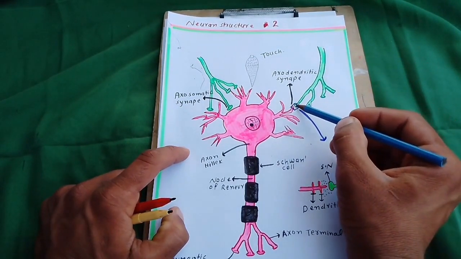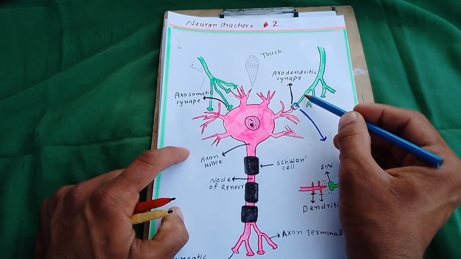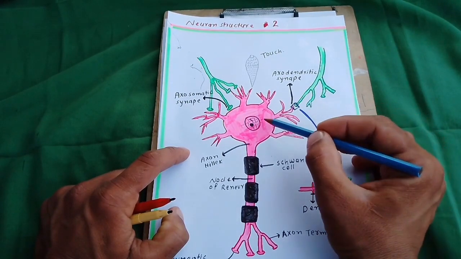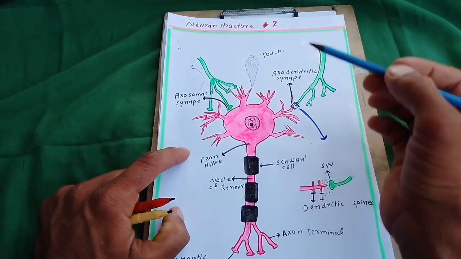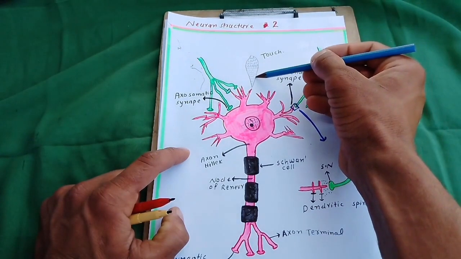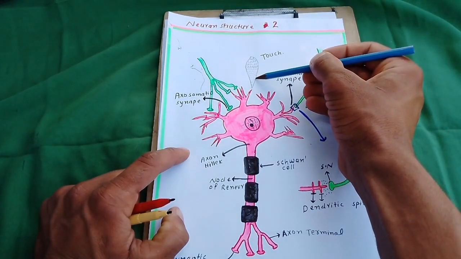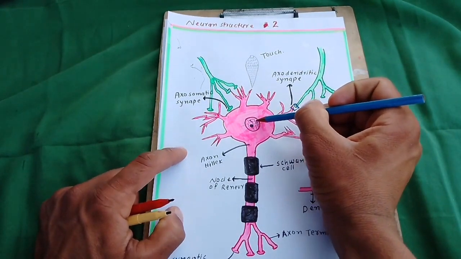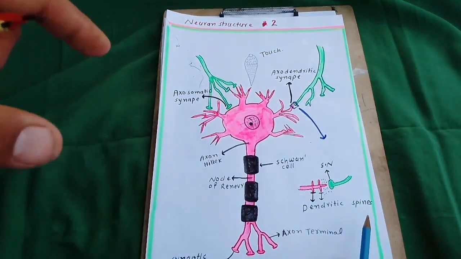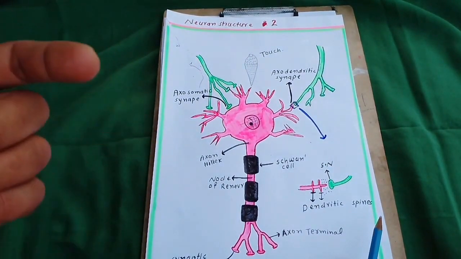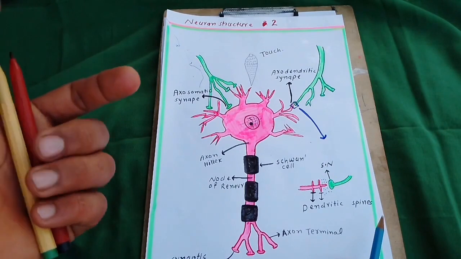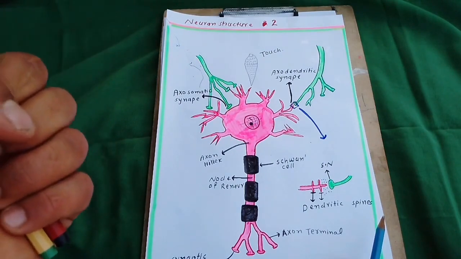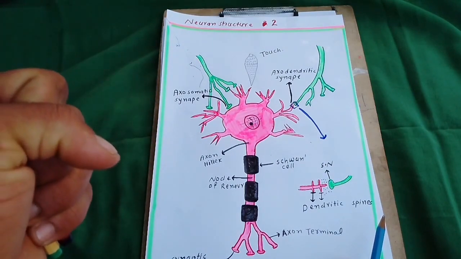It receives stimulus from the other axon and hands it to the cell body, or it receives stimulus from the receptor and hands it to the cell body. So dendrites are the cytoplasmic extensions of the soma which bring stimulus toward the cell body.